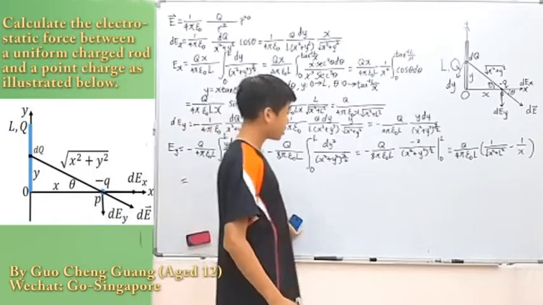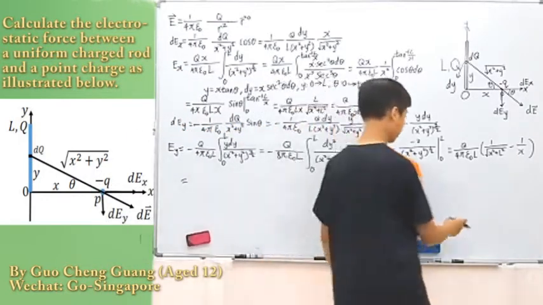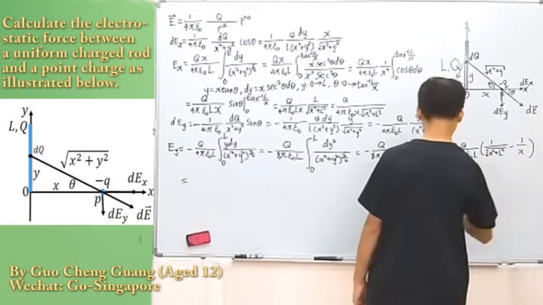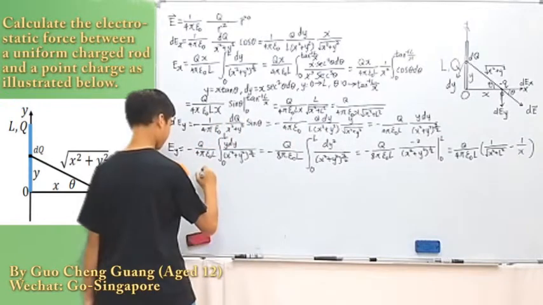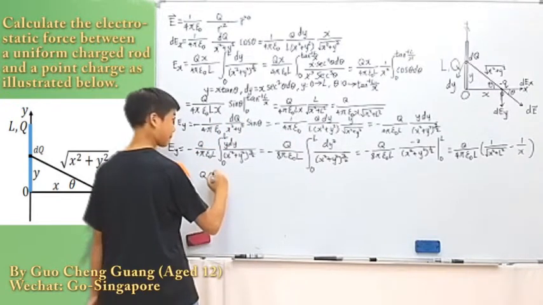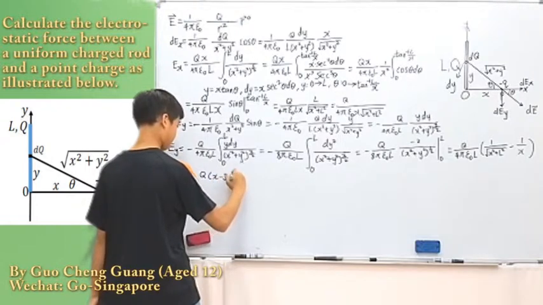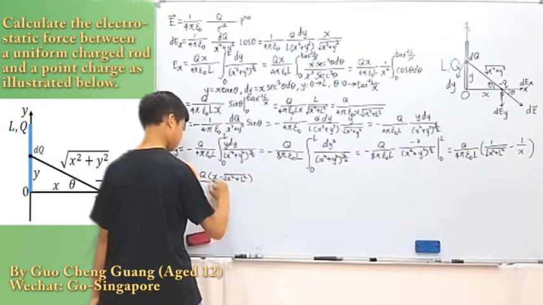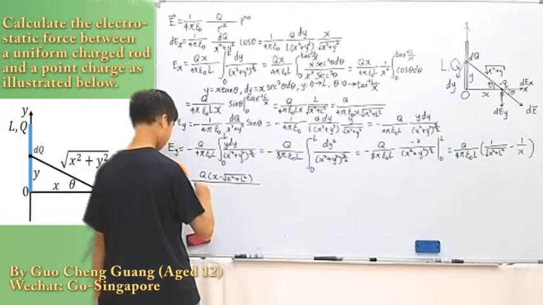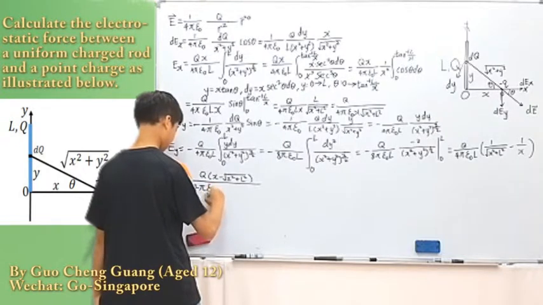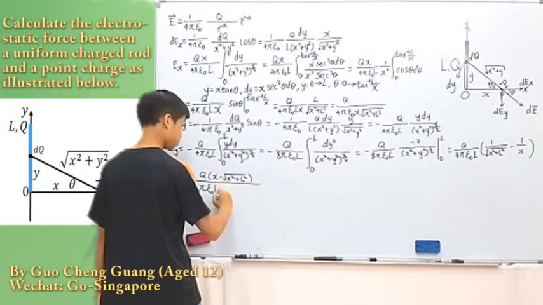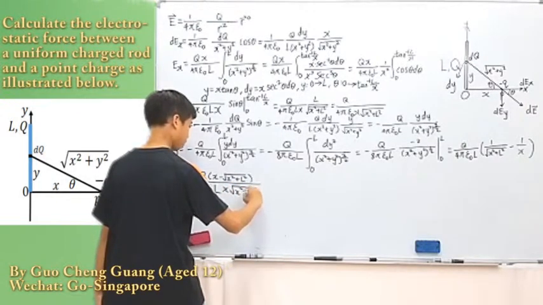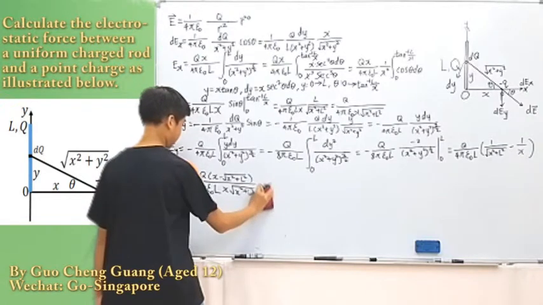Then afterwards, for this part, x, then you subtract the square root of x squared plus L squared. So this is the final form that we're changing it into.